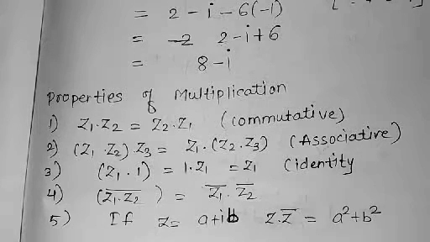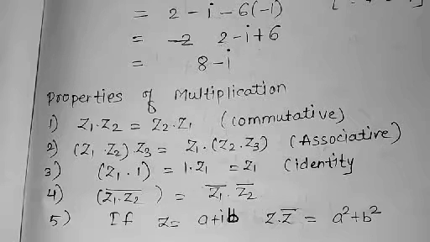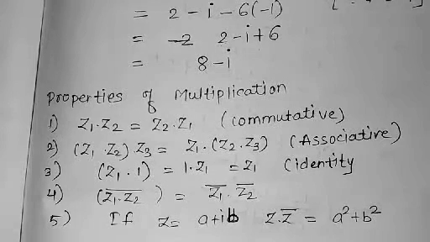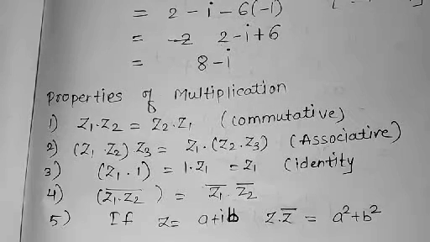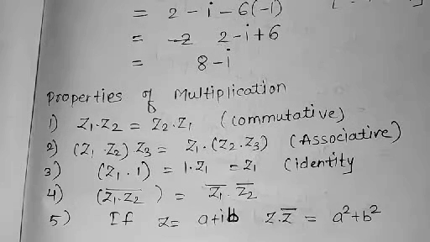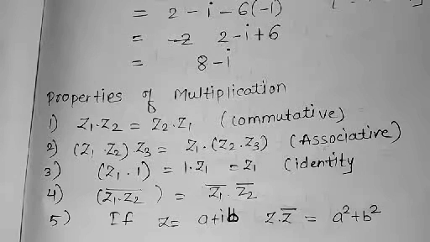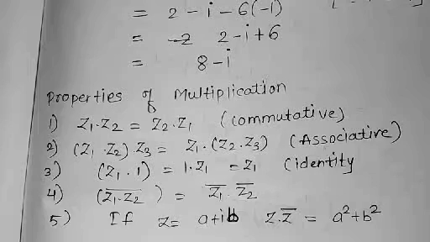The third property is z1 dot 1 is equal to 1 into z1, which is nothing but z1. So any complex number multiplied with 1 is equal to that complex number. So this is the identity property.